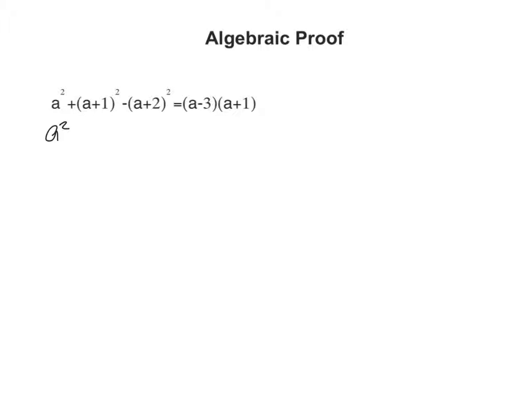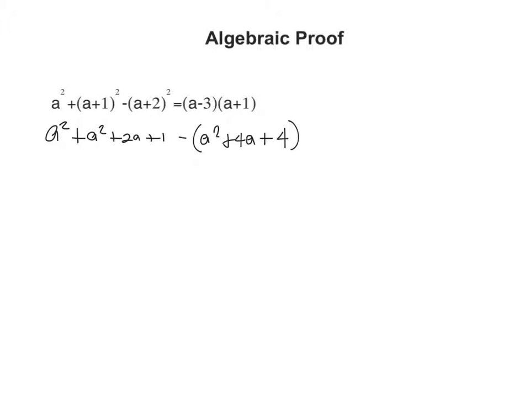Okay, so that's going to give me plus a squared plus 2a plus 1. And then I'm going to subtract out the exact same thing that's going to happen to that. But this time I'll put it in brackets. a squared plus 4a plus 4.